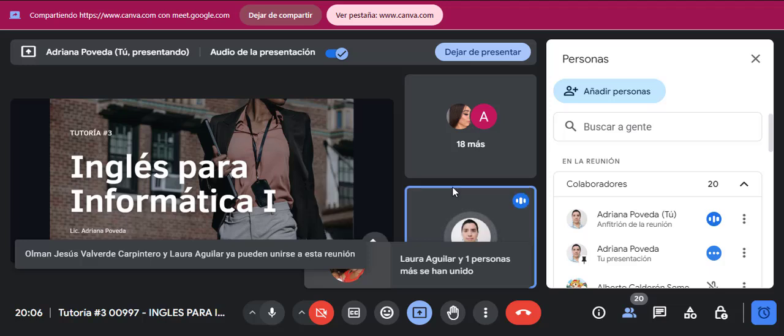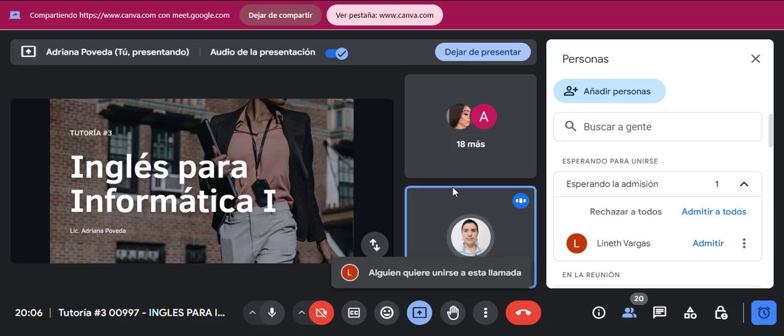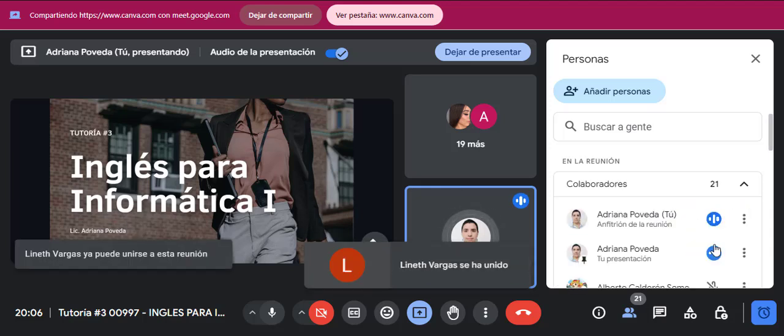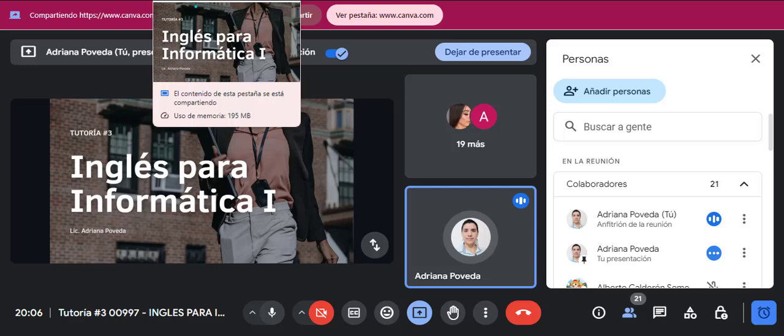In the first two sessions, we went over the simple present using the verb to be. Also, we studied the simple present with other verbs. And then also, we already studied the simple past and the present continuous. For this session, we'll be working with the simple future, or the basic form of the future, that is the use of will.